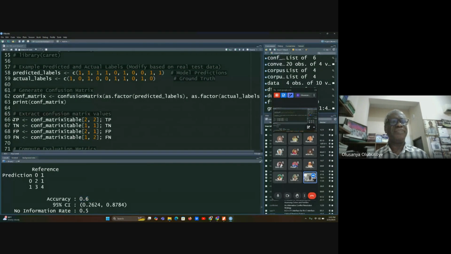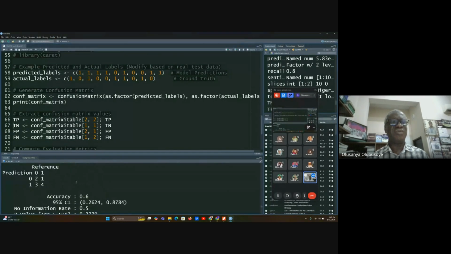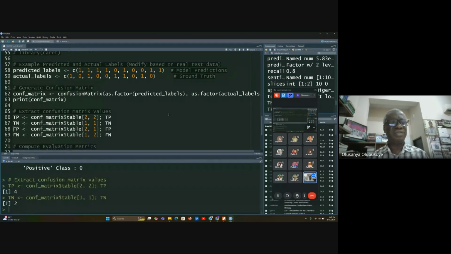So from this table now, you can get the true positives. If you run this, that will give you the true positive is 4. That's when you correctly predicted positive and they were positive. Then true negative, as you can also see, this is 2, but you can use this expression to get it.